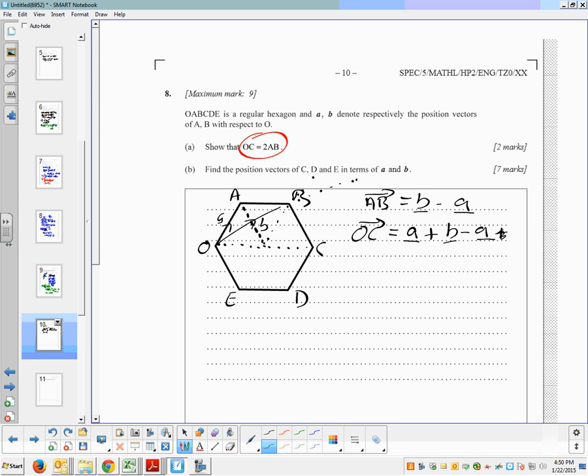The problem that I'm having is that if you try to use a vector approach, you inherently have to assume at some point that these two vectors are the same. And if you assume those two vectors are the same, to show that one is double the other, you're just going around in circles.